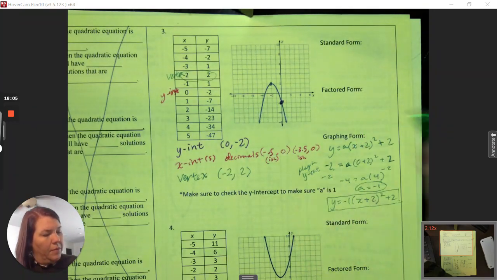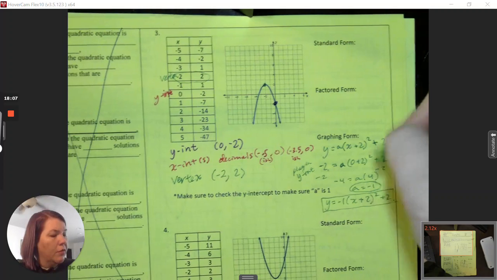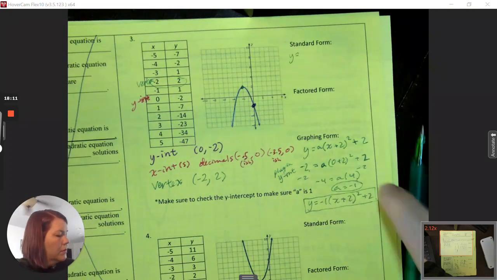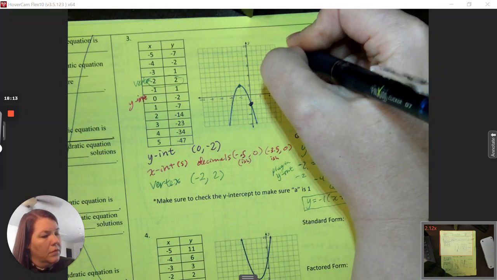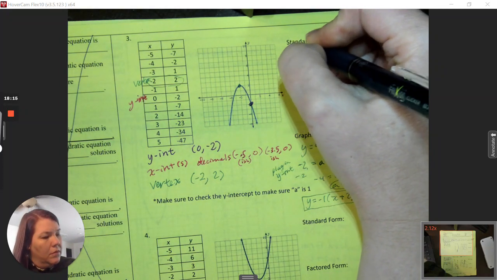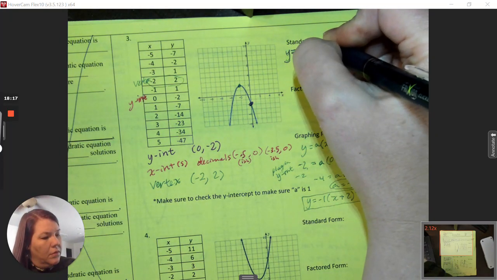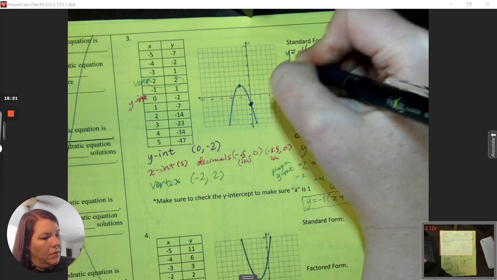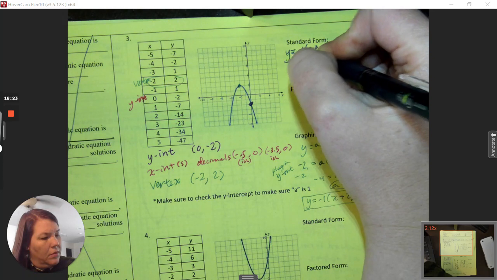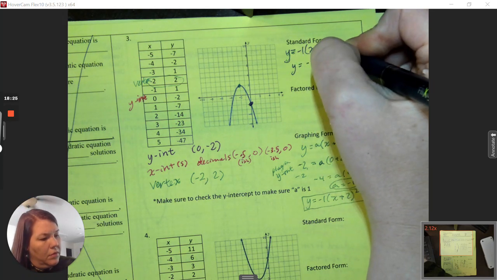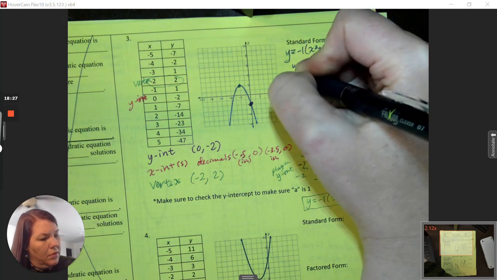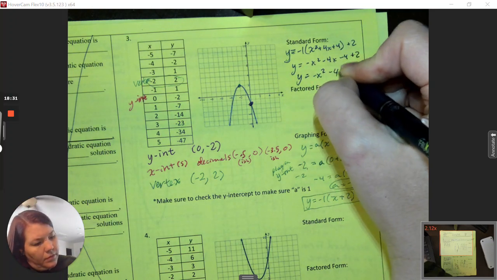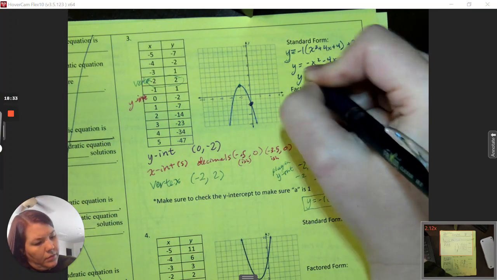Okay. In standard form, I'll go from here. I get y equals... Okay.